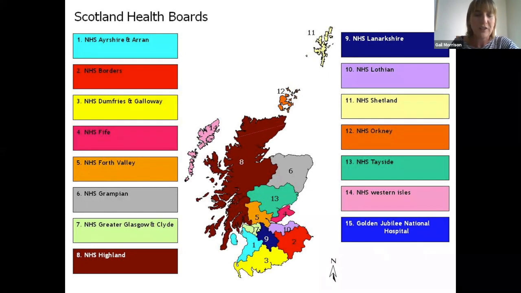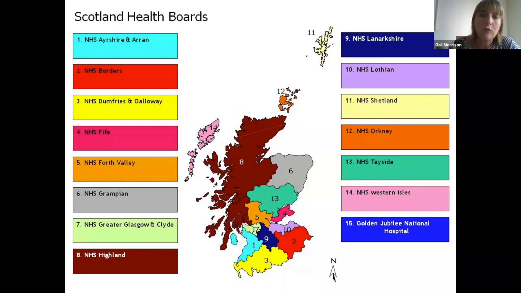Oh, brilliant, thank you. So I thought I would give you a little bit of a geography lesson. I don't know whether everybody out there who's listening is fully familiar with Scotland and indeed where Glasgow is. So this is a picture of all the health boards in Scotland. And that includes the islands.